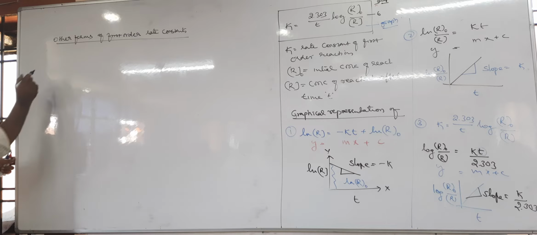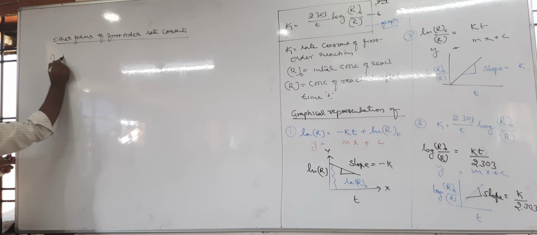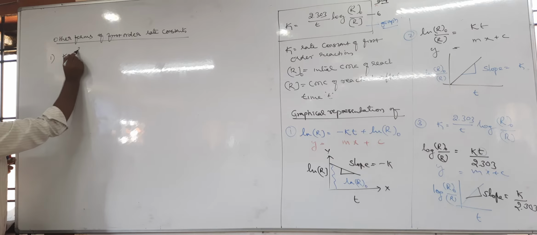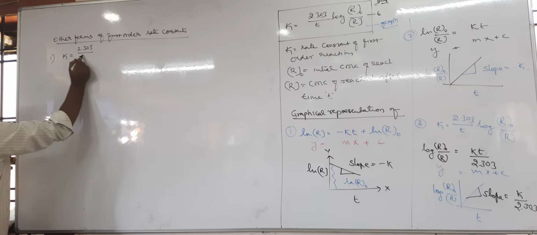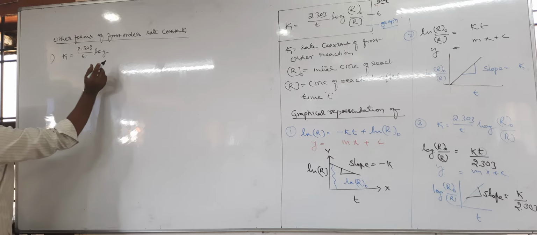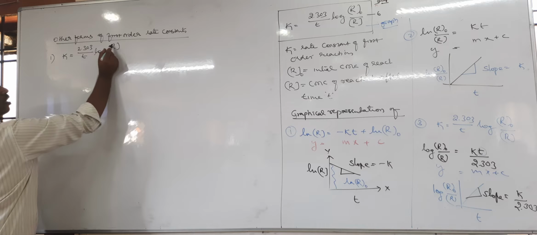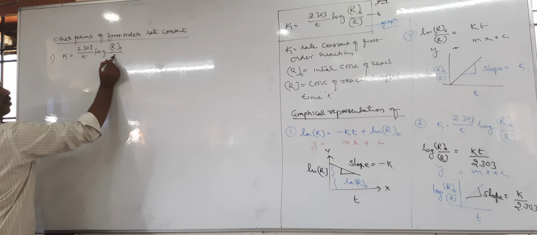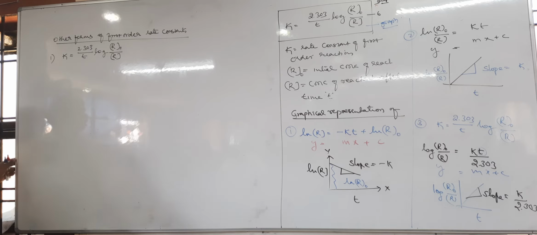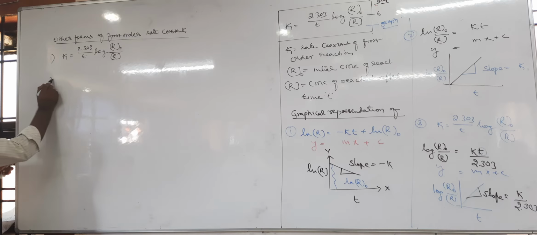The first one, already written, k equal to 2.303 by t log r naught by r, where r naught equals the initial concentration of reactant, and r equals the concentration of reactant after time t. So this is the first form.